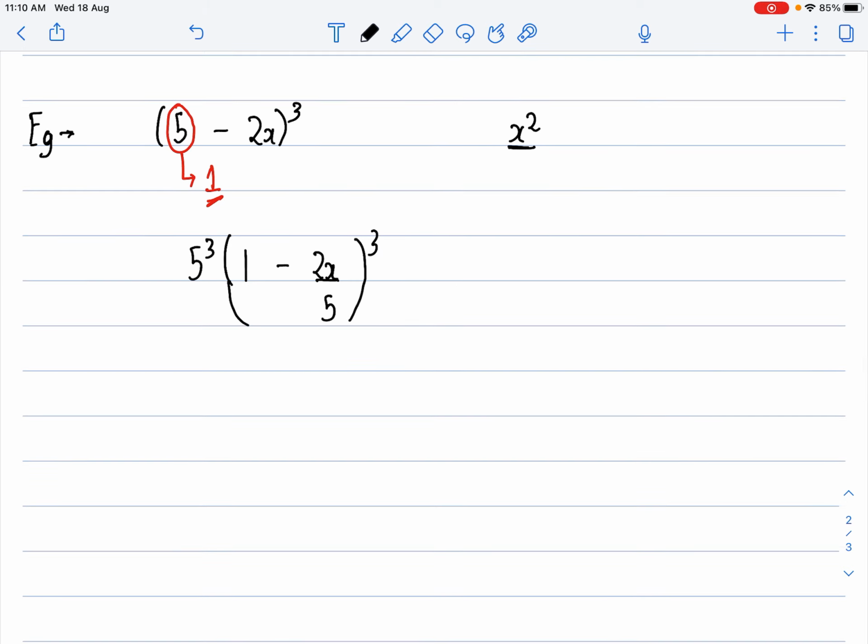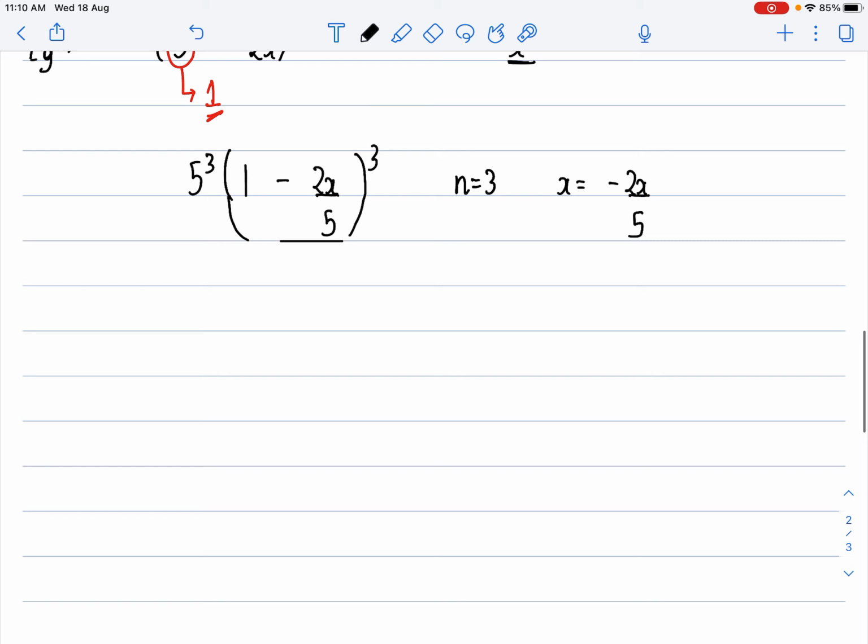So here I can simply identify that my n is equal to 3. My x, because it's negative, will be negative 2x over 3, correct? Sorry, not negative 2x over 3. Negative 2x over 5, correct? This full thing here. Now what I can do is on the calc I can simply do 5 cube, where I basically get 125.